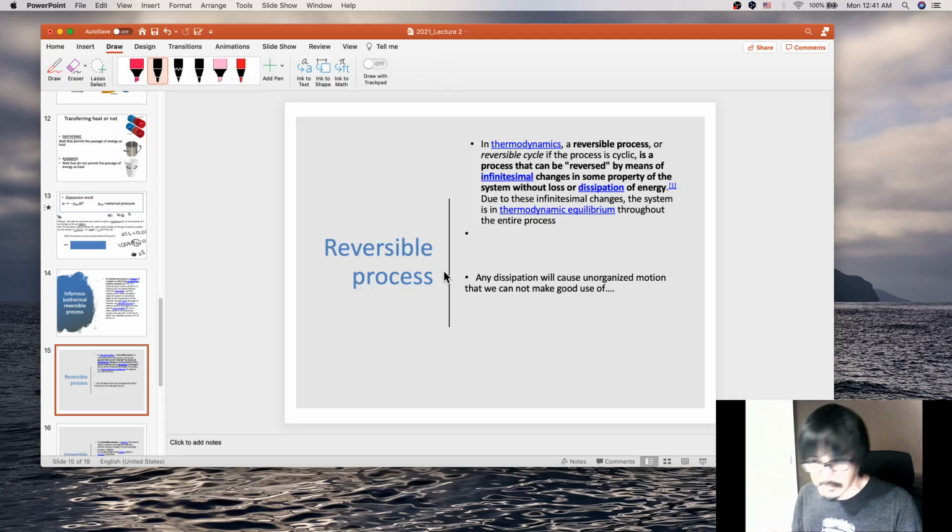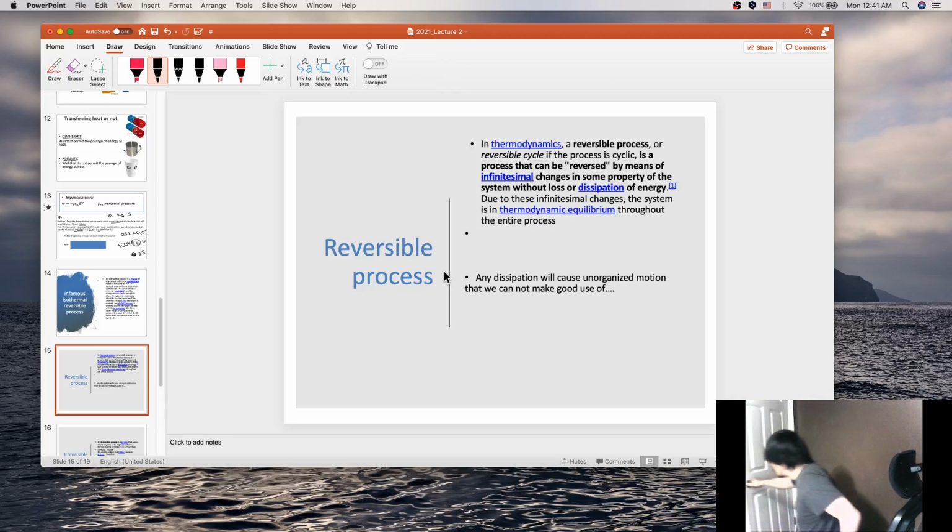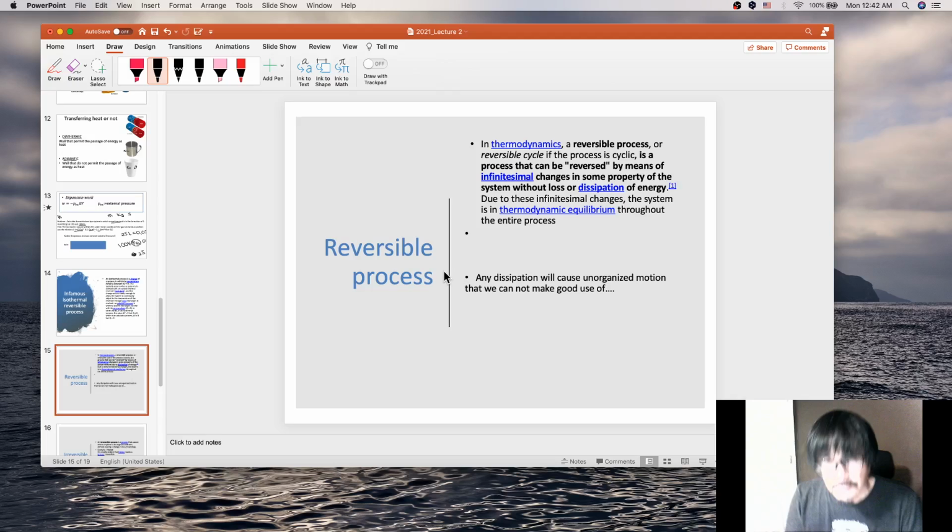So for example, let's just think about the system as the air right here, right? And then I open the door very slowly and close it. All of this motion of the door is very slow, right?